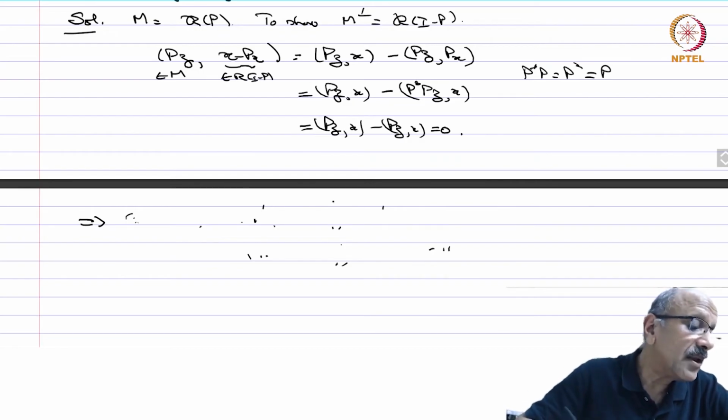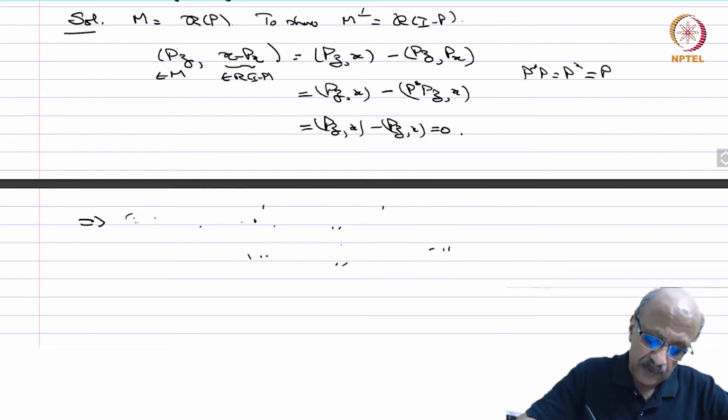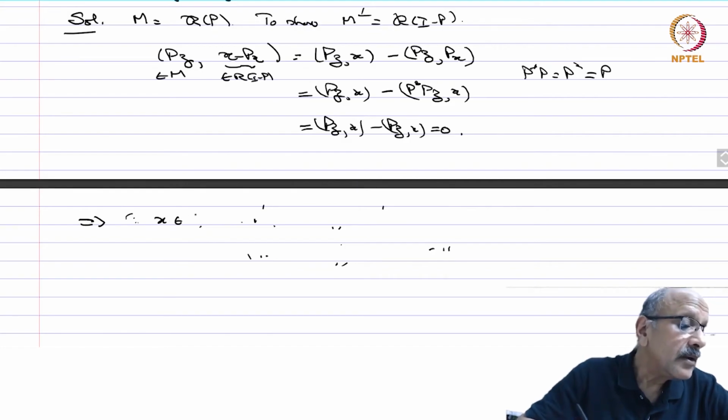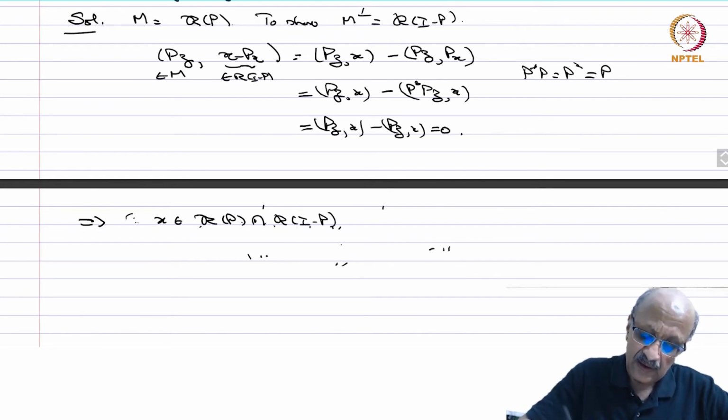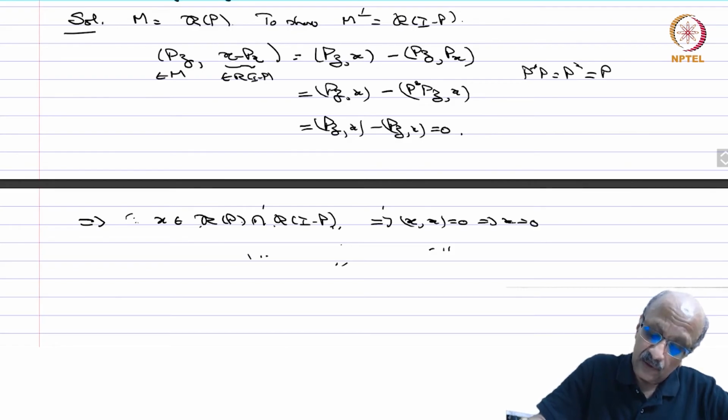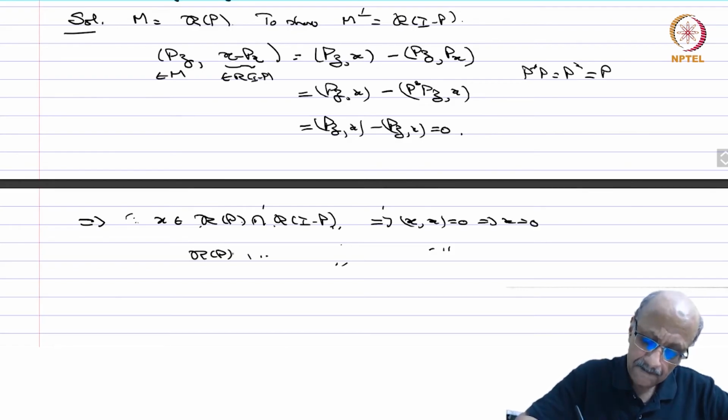So we have that if x belongs to range of P intersection range of I minus P, now range of I minus P is orthogonal to this, and therefore x equals 0. So range of P intersection range of I minus P is 0.